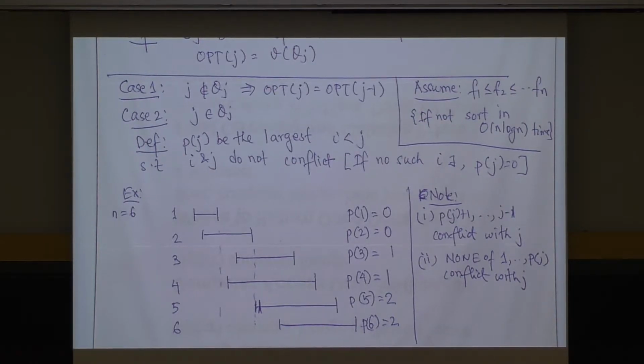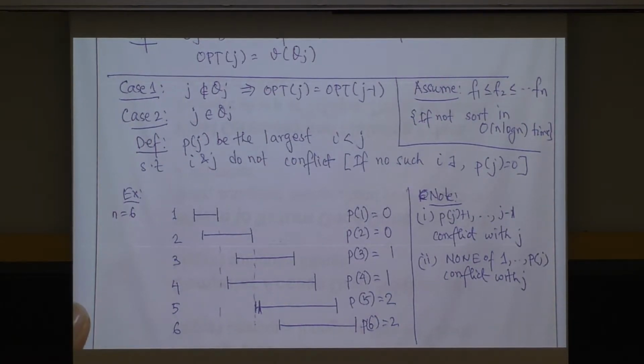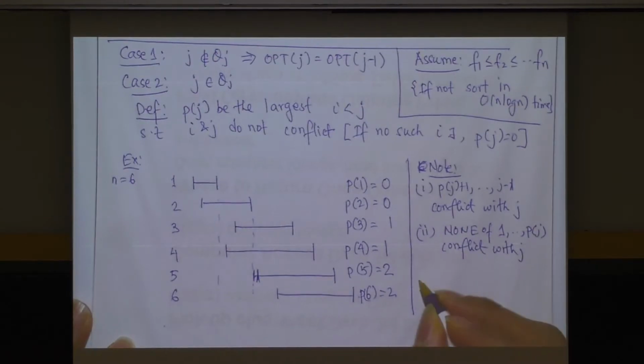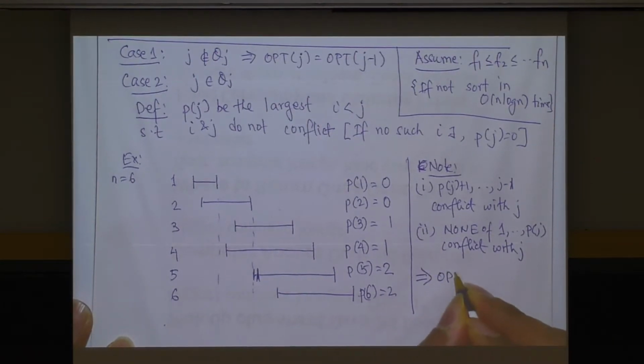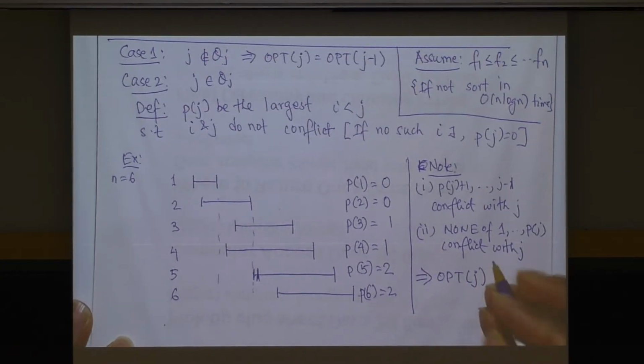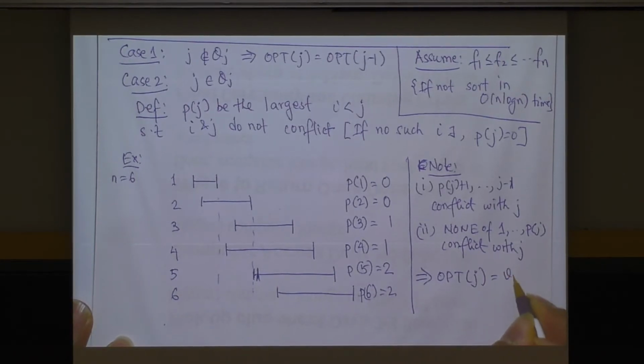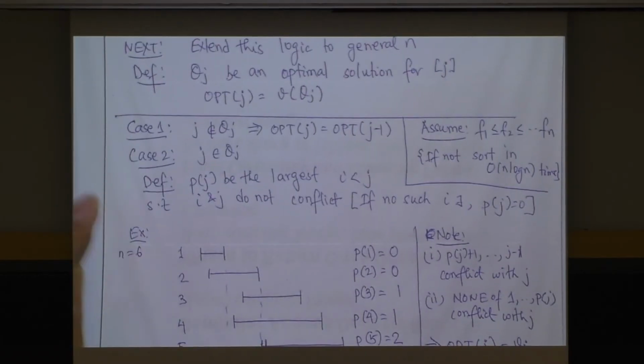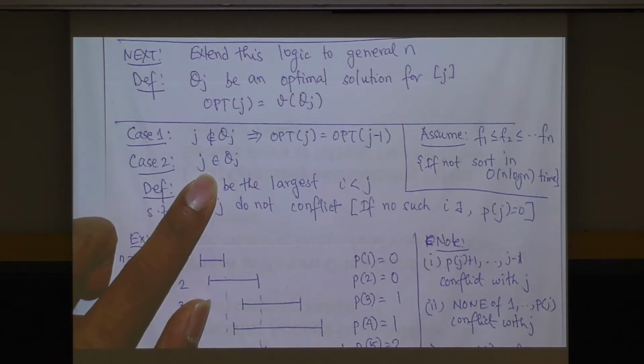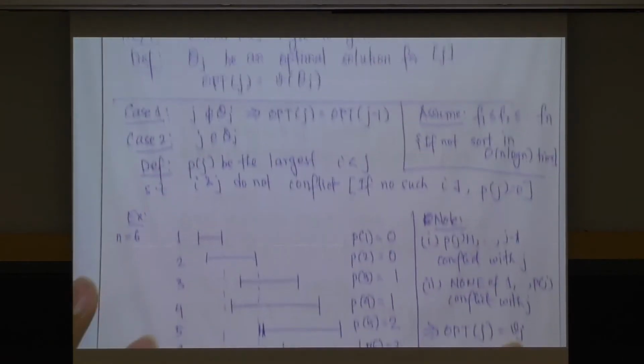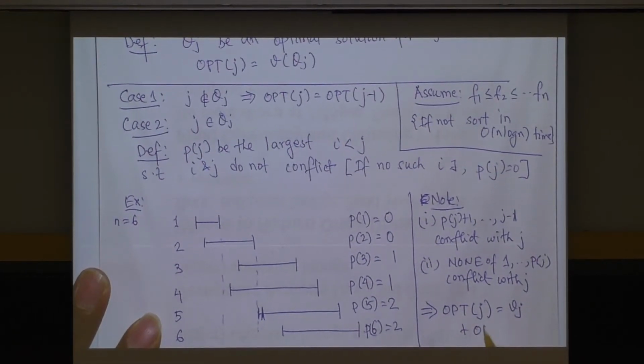So this implies opt of j is, you have the jth guy in, so I'm assuming j is in the optimal solution, so that's equal to v of j plus opt of P of j.